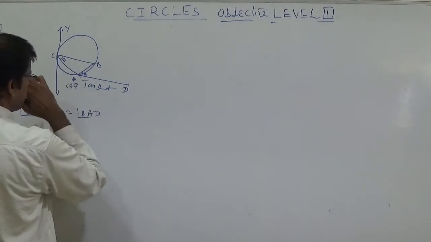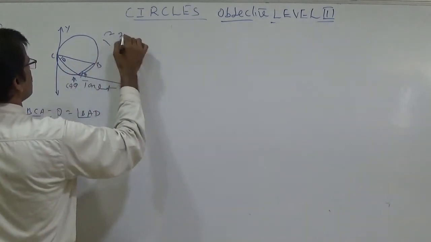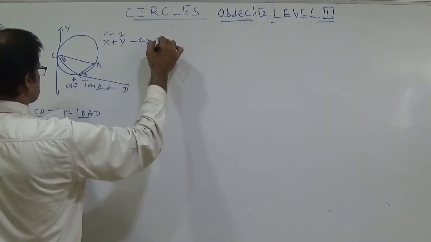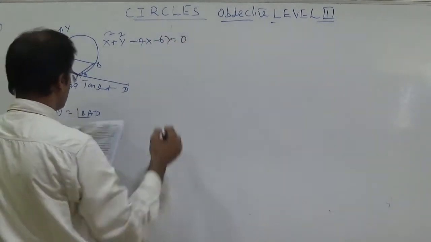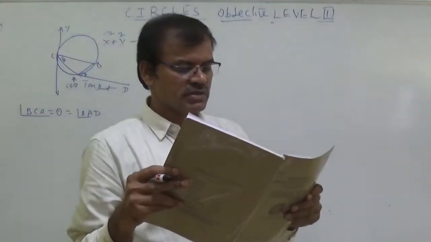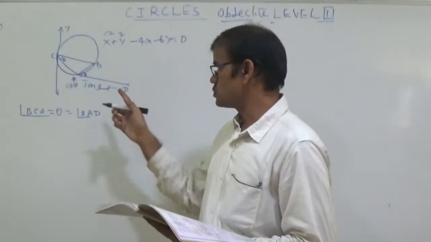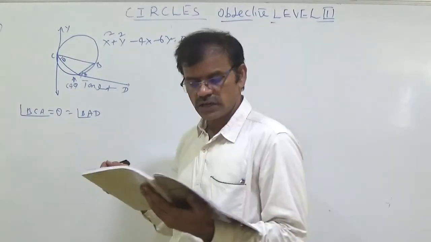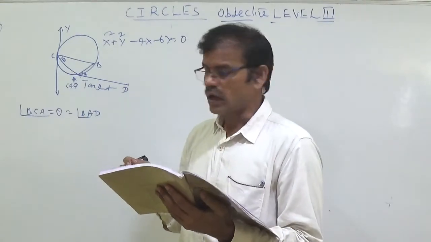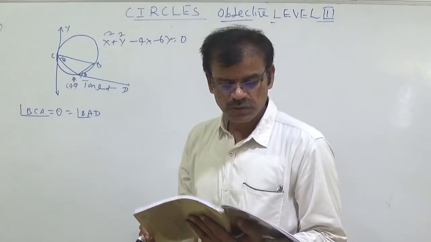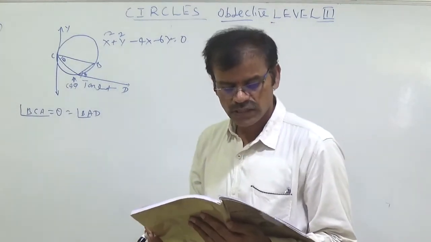That is the positive y-axis. Write the circle as x square plus y square minus 4x minus 6y equal to 0. It subtends an angle tan inverse 7 at the point. So we should calculate the equation of the tangent at 0, 0 and the angle made by the tangent and the chord, and verify according to the options.